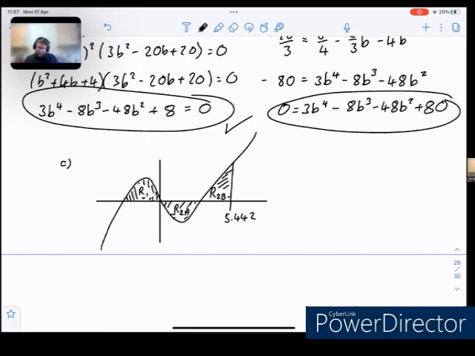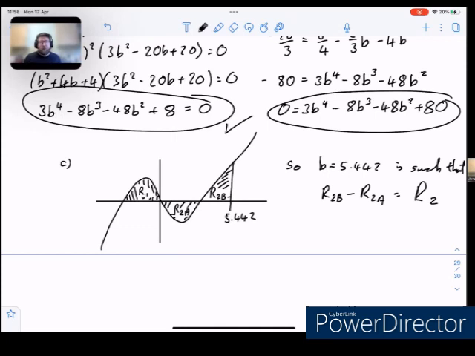Okay, so b equals 5.442 is such that R2B minus R2A equals R2.